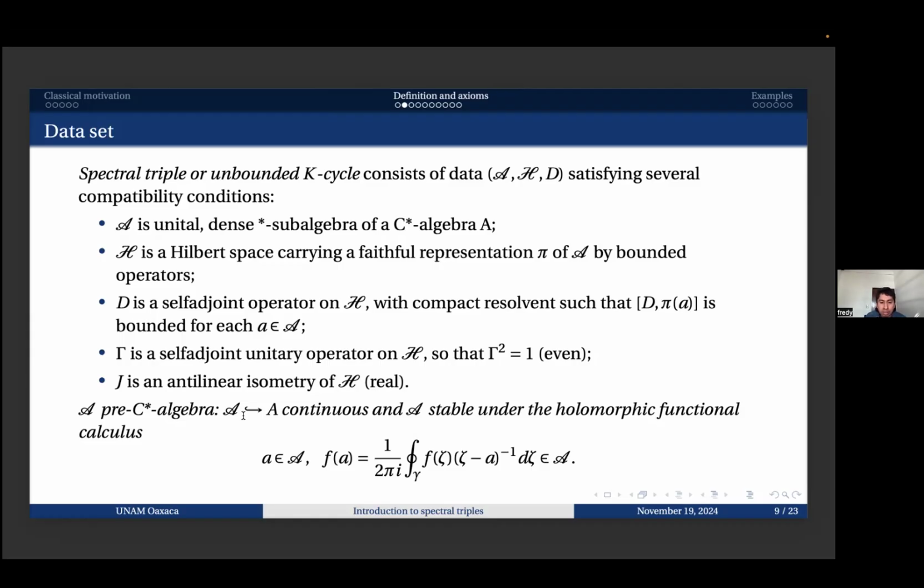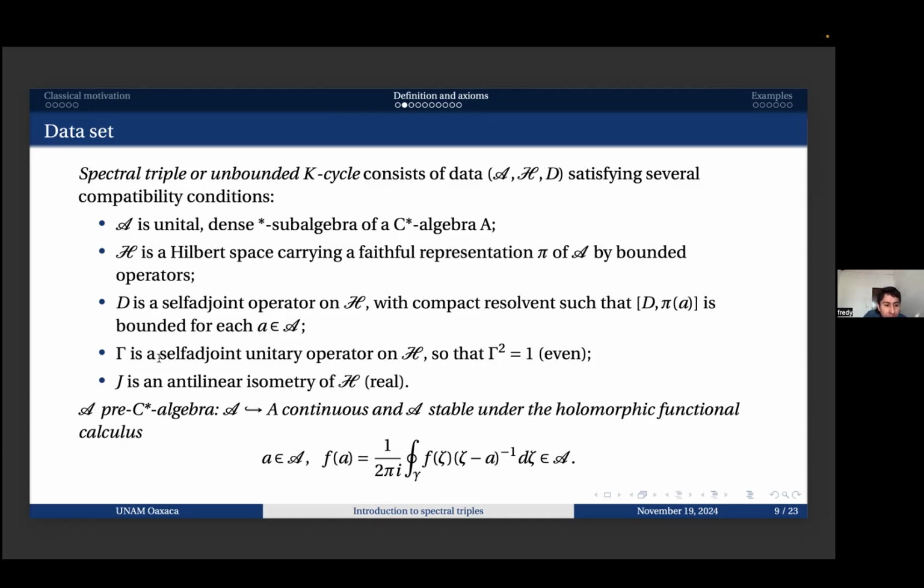As you see, this is a very strong condition on this star algebra. But in many examples, this star algebra A will be a pre-C-star algebra.